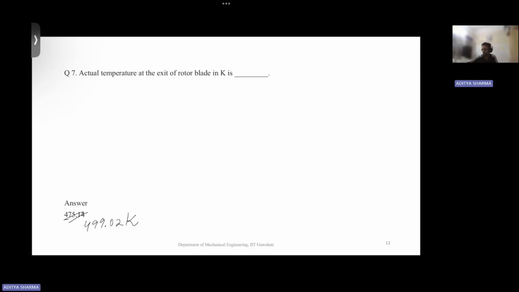The next question is: power input to the compressor in kilowatts.